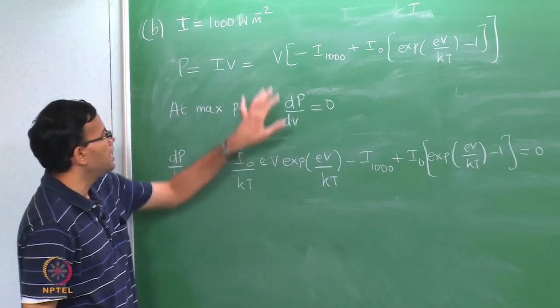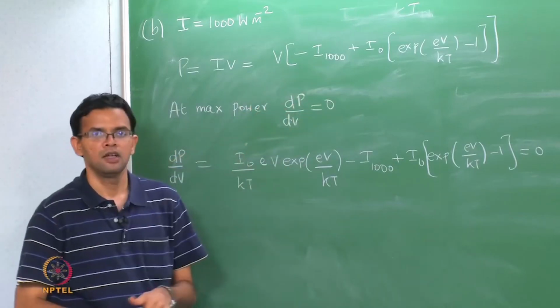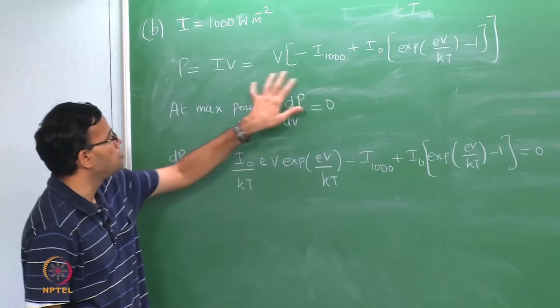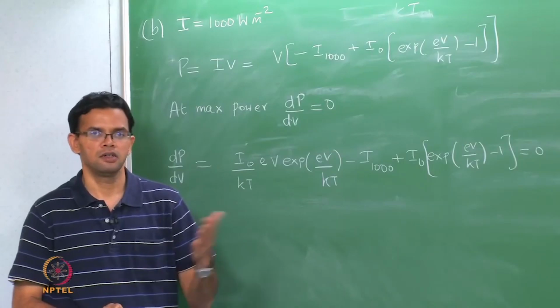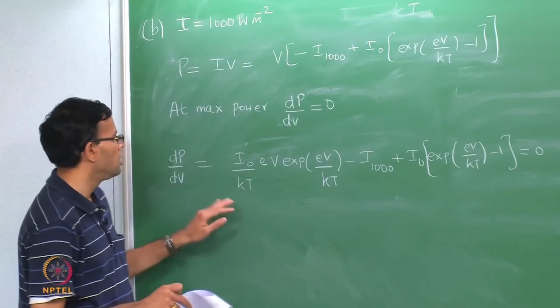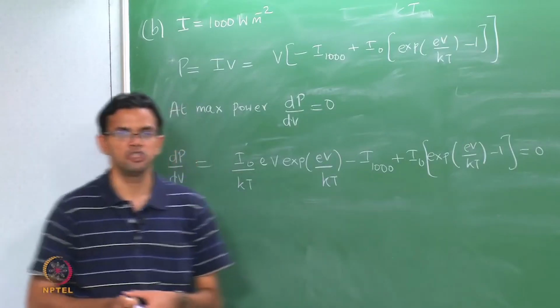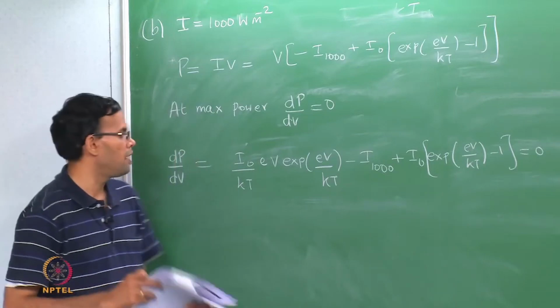So, this you can get by essentially treating this as the differential of two functions. So, you differentiate one keeping the other constant, and then you differentiate the other keeping the first one constant. This is now equated to 0 for maximum power.